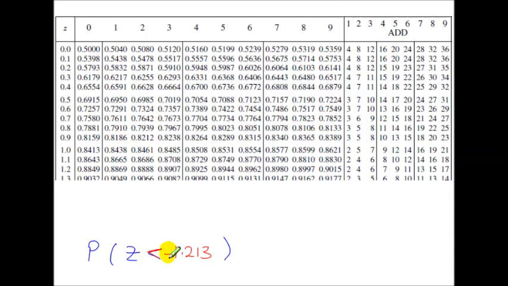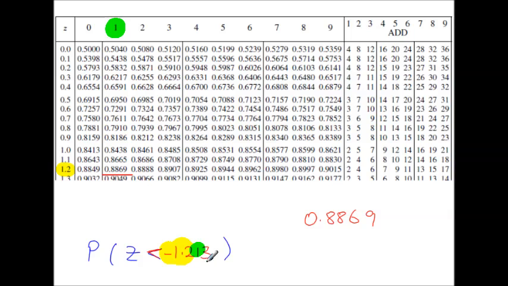Okay, so 1.2, ignoring the minus, 1.2 is here. So we're in this row. So that's the first decimal point. The second decimal point is 1, which is here. So that takes us to this value here, 0.8869.